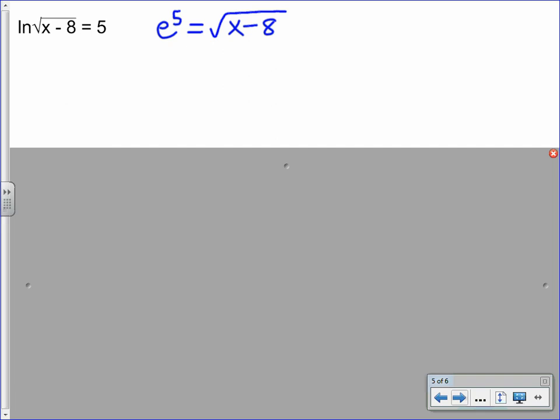Okay, we have a square root over here, right? How do we get rid of this square root? We can square both sides, can't we? If we square both sides, what do we have over here? e to the, thank you, equals.